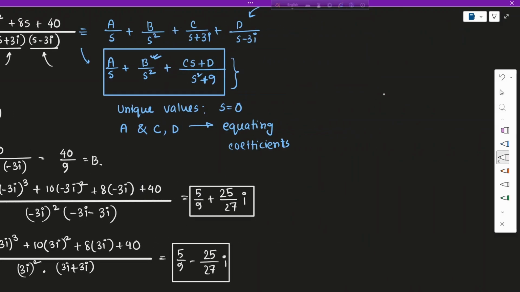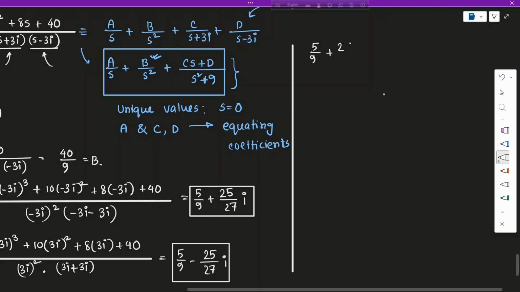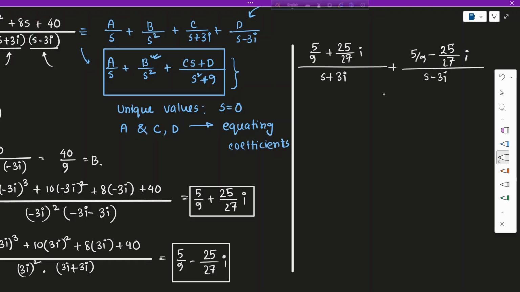Okay, let's see. We have found the values of c and d. If we plug the values into the partial fraction expression right here, it looks something like this. We don't want to keep complex numbers in our whole expression, so we're going to have to transform it into this form right here. How will we transform it into this form?